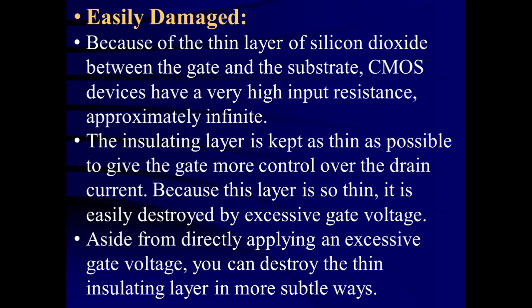This insulating layer must be very thin, and because this insulating layer is there, the input impedance is very large. Actually it is infinite. So when the gate voltage is controlling the drain current ID, and if the gate voltage exceeds the rating, then it will go into the breakdown region and it will damage the gate.